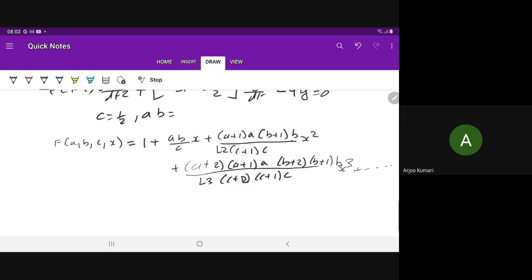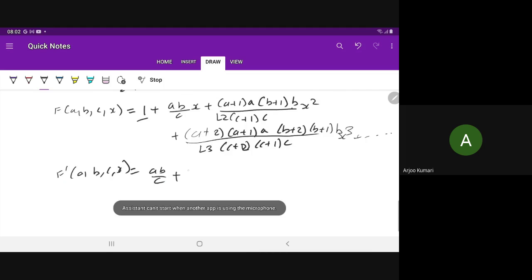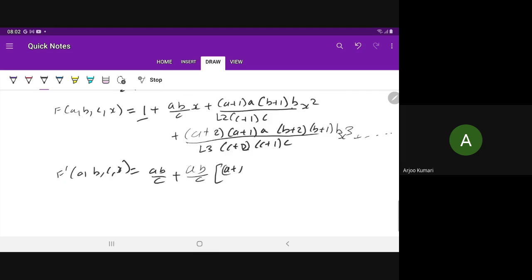So here we have the infinite series, right? In this case, we have to determine F dash of a, b, c, x. The derivative of the first term is 0. The derivative of the next one is ab upon c. The derivative of the next one is ab upon c into a plus 1, b plus 1 upon c plus 1 into 2x, and the 2 and 2 cancel out, so into x.